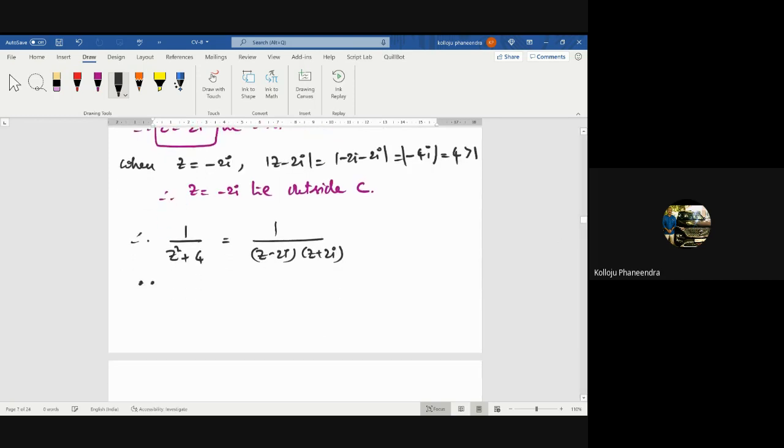Since z equal to 2i lies inside the circle C, we can write the above function as follows.